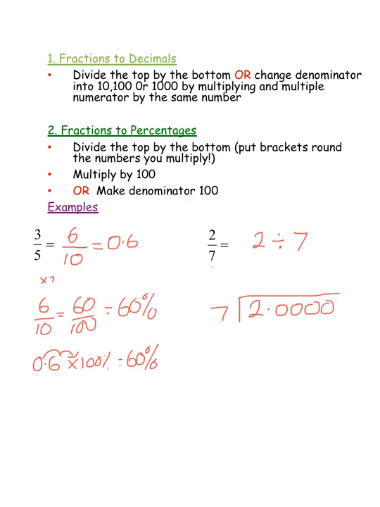Now we then start our division. So 7 into 2 doesn't go, so I put down a 0.